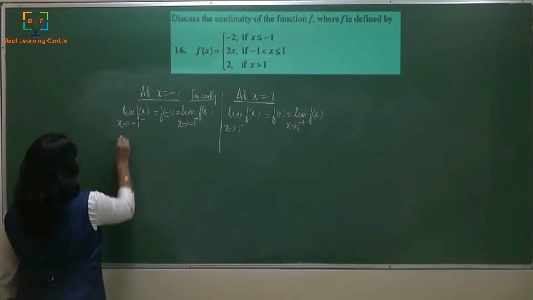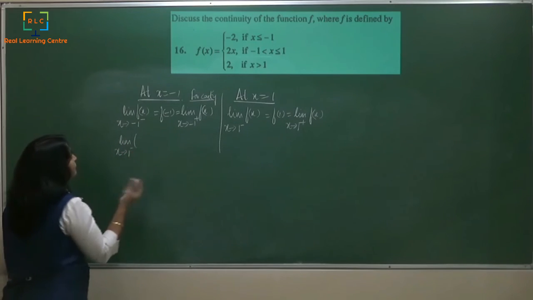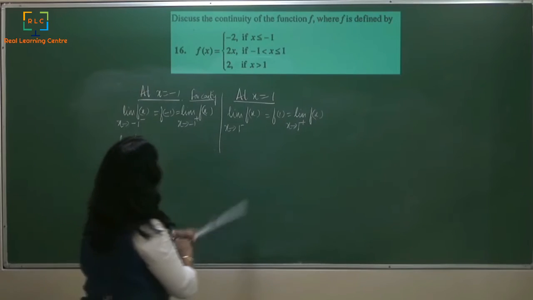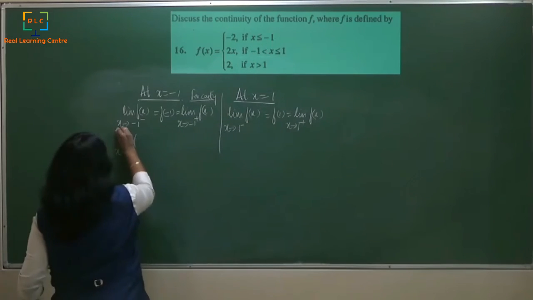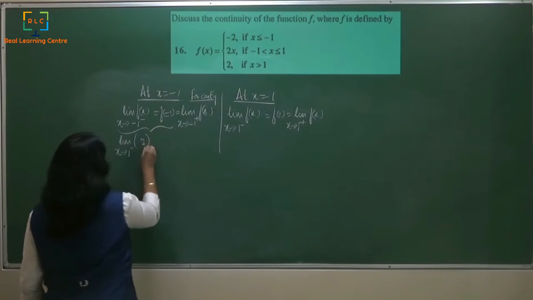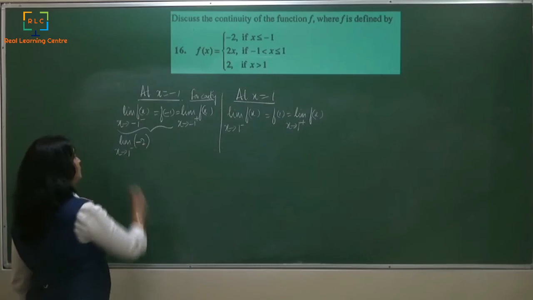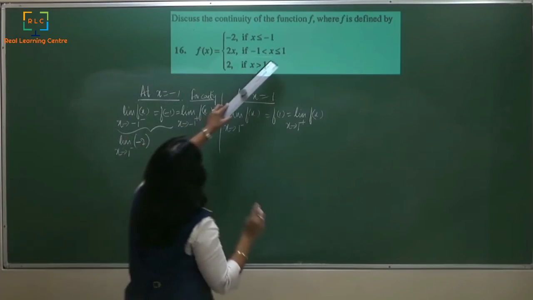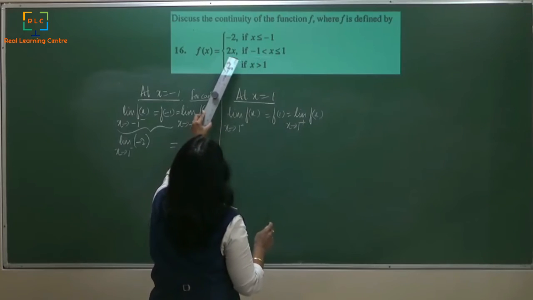So as x tends to minus 1 minus, which is the function I have to choose? For less than and equal to, together they have given only minus 2. And when x is minus 1 plus, for greater than minus 1, it is 2x.